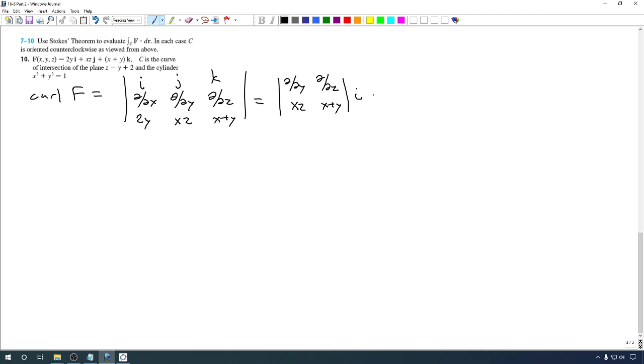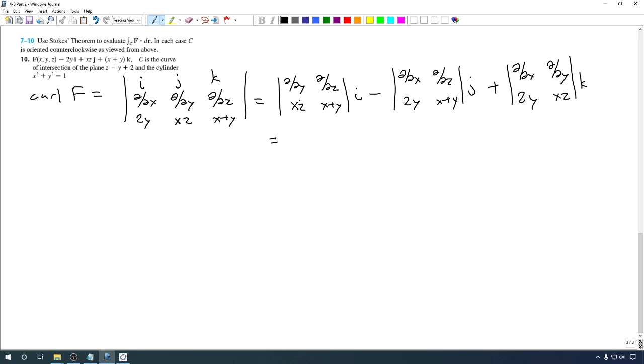That's our i component. We have derivatives with respect to x and z. We have 2y, and we have x plus y. That's our j component. And finally, we have 2y, and we have xz for our k component.